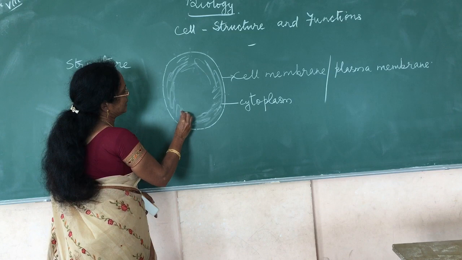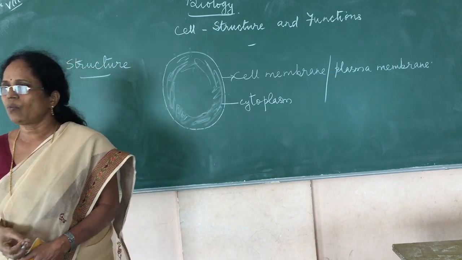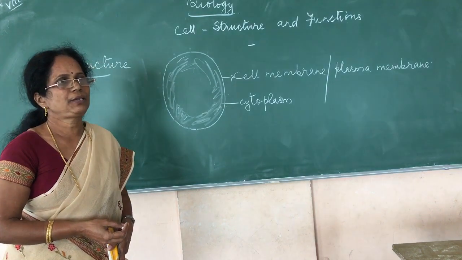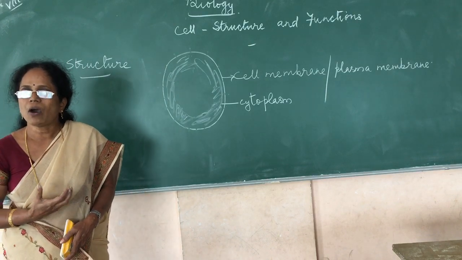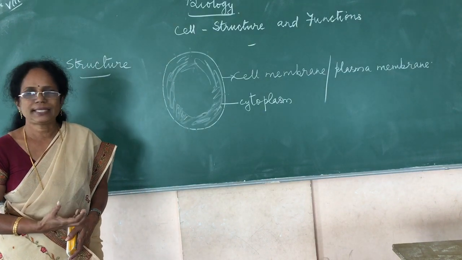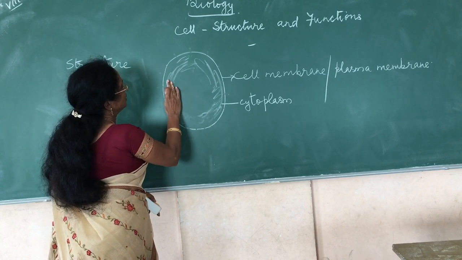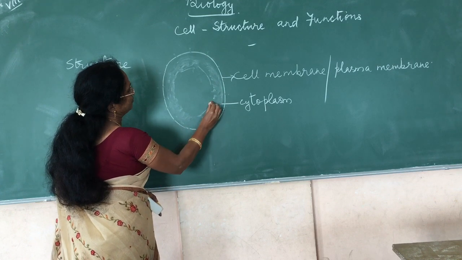In this substance, mitochondria, chloroplasts, lysosomes, endoplasmic reticulum, vacuole. These are some of the organelles present in the cytoplasm.